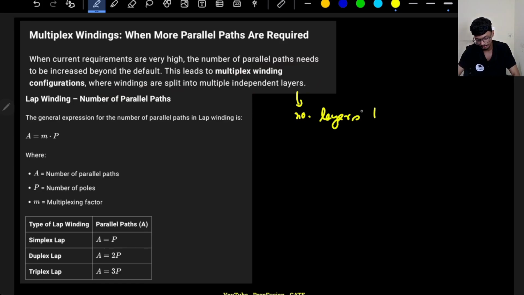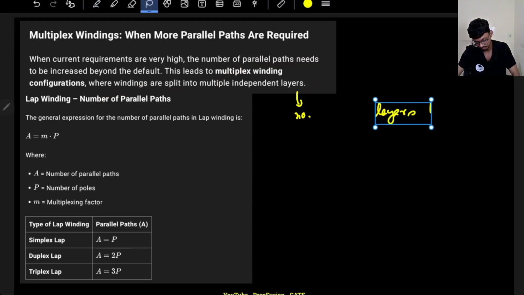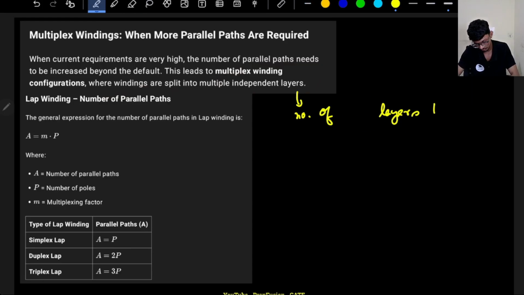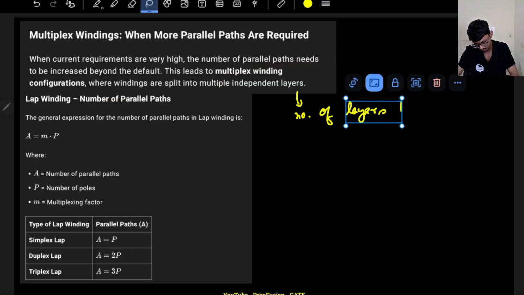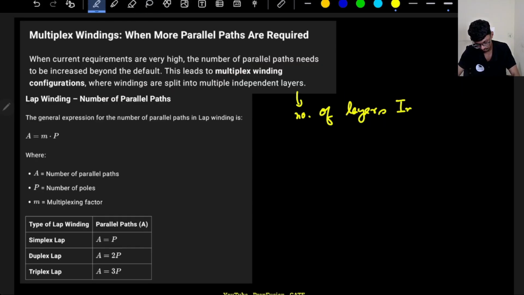Number of layers has been increased. So it depends, right?